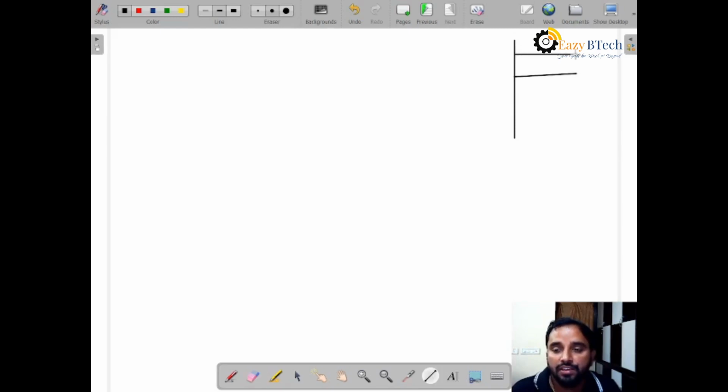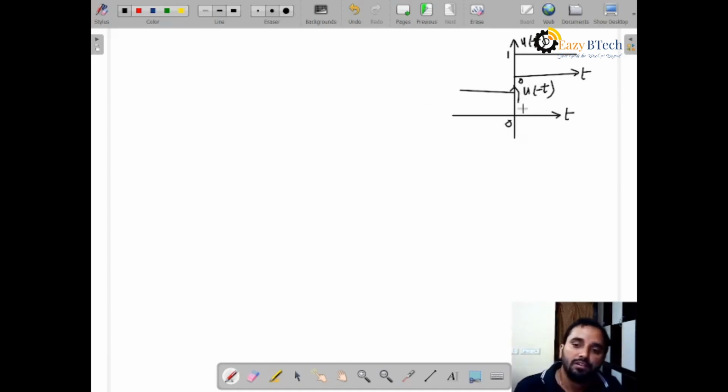This is u of t and this is u of minus t, with 0 here. It is 1 for u of t, and this is u of minus t. The amplitude is the same. So u of minus t is 1 for t less than 0 and it is 0 for t greater than 0. That is the clarity about u of minus t.